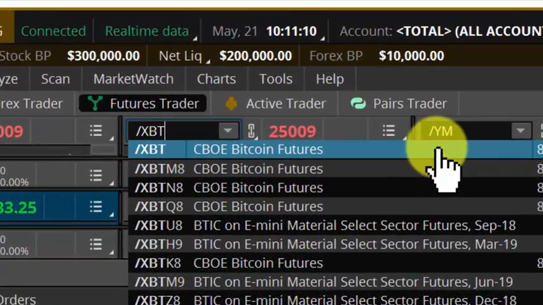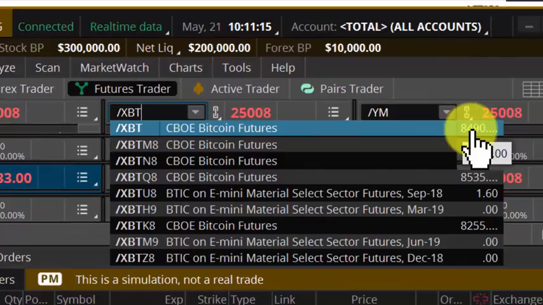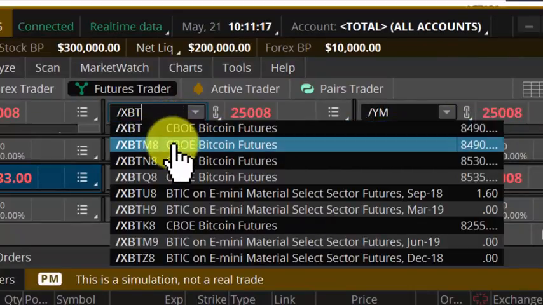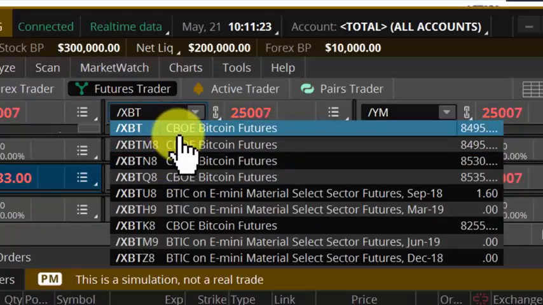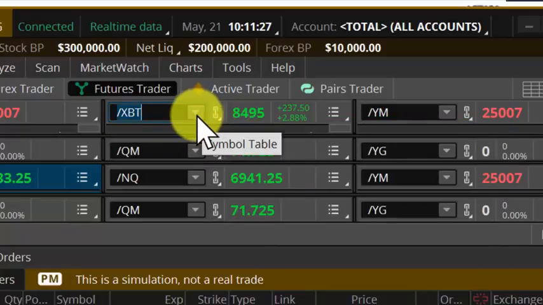Right now the Bitcoin price is around 8,500, so you could confirm that that's indeed what you want. They have different monthly futures contracts. The most up-to-date one, you would probably just click this one, and you could purchase it.